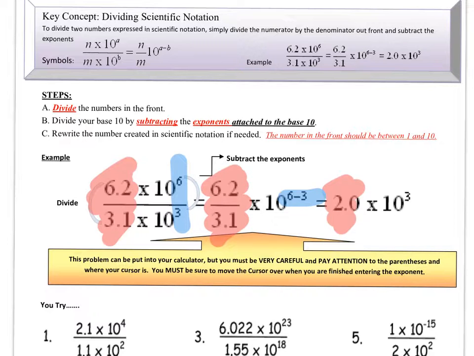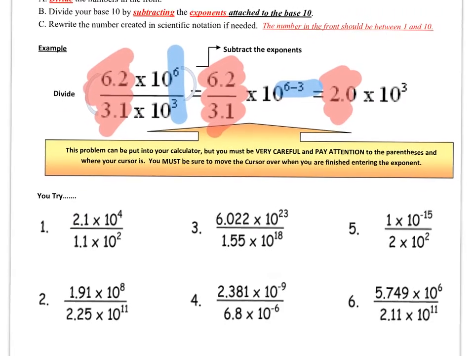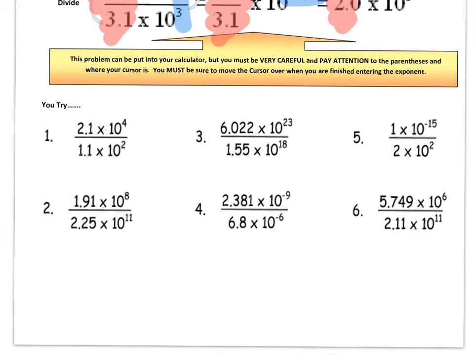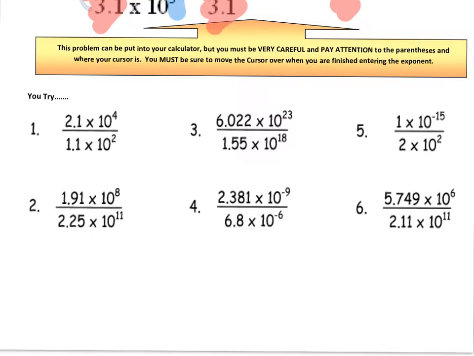Okay, so let's talk about, everyone grab your calculator, because this is going to be a little bit different. What you're going to do first, you could do it a couple different ways. You have to make sure that you are using parentheses. If we look at number 1, notice that none of these have parentheses.